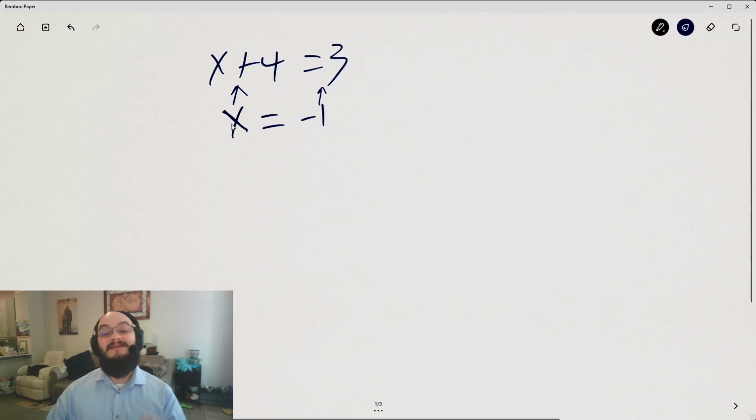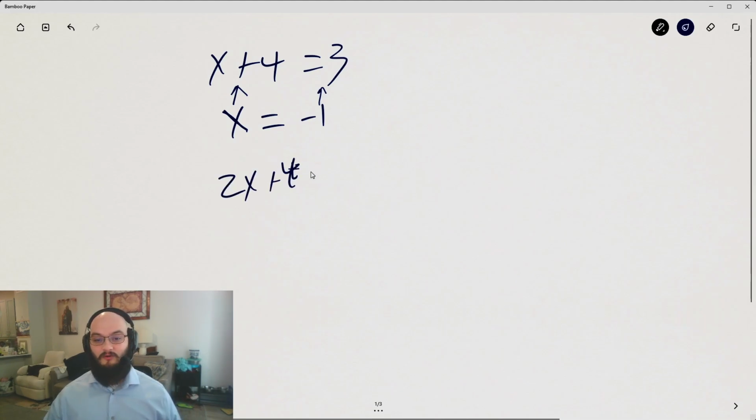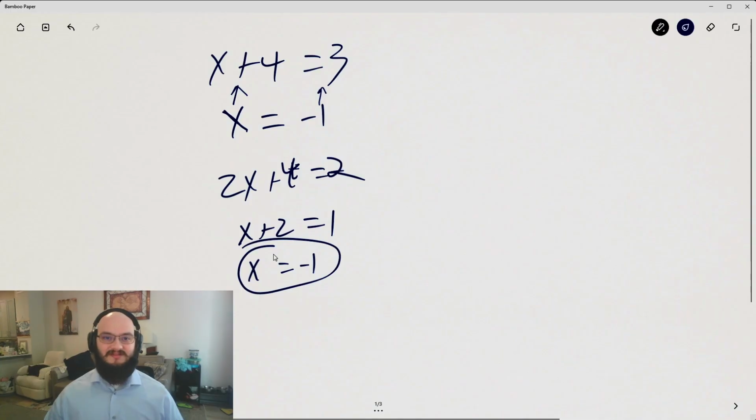Because this x is equal to -1, I can add this x to this side, this -1 to this side, and I will still wind up with a valid equation. We would have 2x plus 4 is equal to 2. That is still a valid equation. Dividing everything out by 2, we would have x plus 2 is equal to 1. So x is equal to -1. We wind up with the same thing.